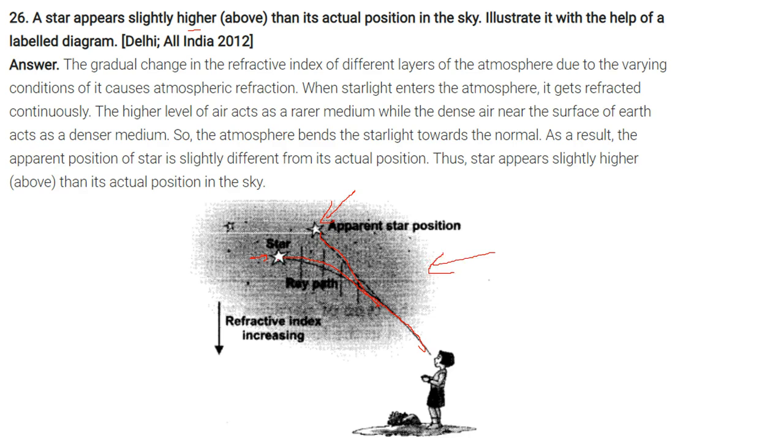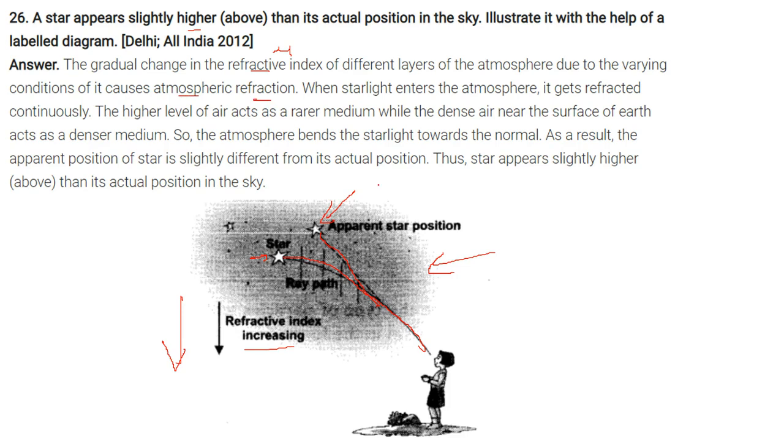From the star to our eye, the light rays have to pass through the atmosphere, and the refractive index keeps on changing. In fact, it is increasing downwards. So a gradual change in the refractive index of different layers of the atmosphere, due to varying conditions, causes atmospheric refraction.